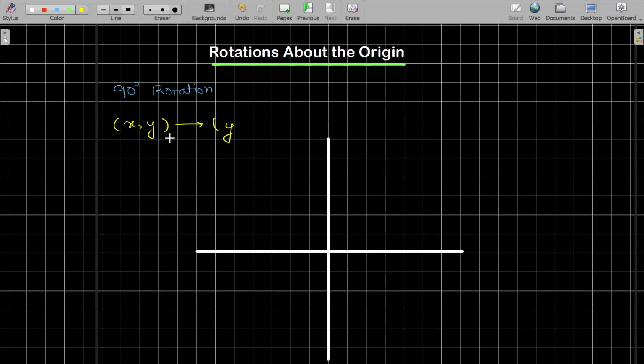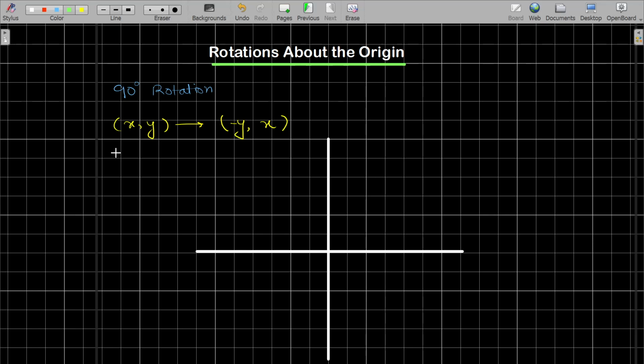The x coordinate becomes the y coordinate, and the y coordinate changes its sign and becomes the x coordinate. So what happens is this x coordinate becomes the y coordinate of the new point, and the y coordinate of the original point changes its sign and becomes the x coordinate of the new point.